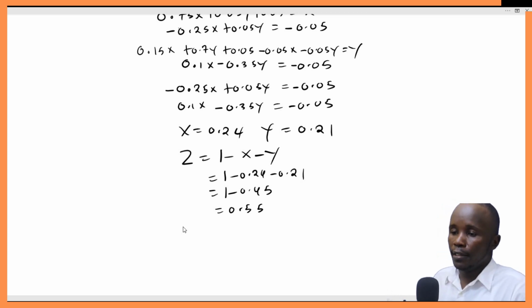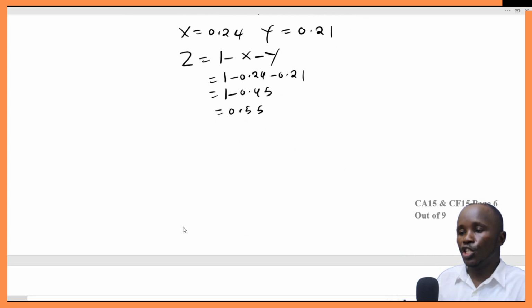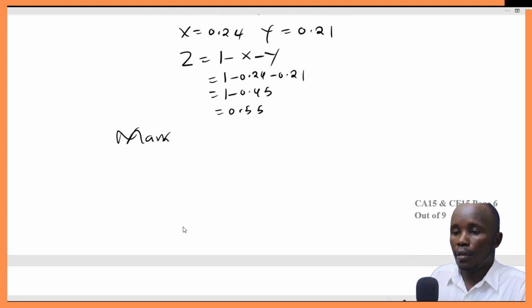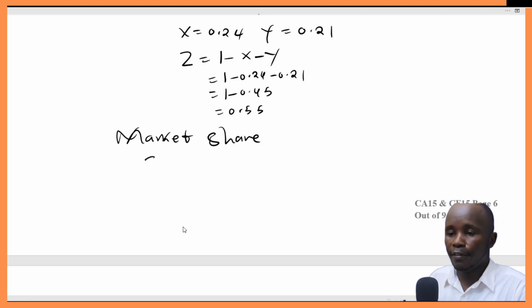So in the long run, the market share, we are going to find that faida will be x, which is 24%.